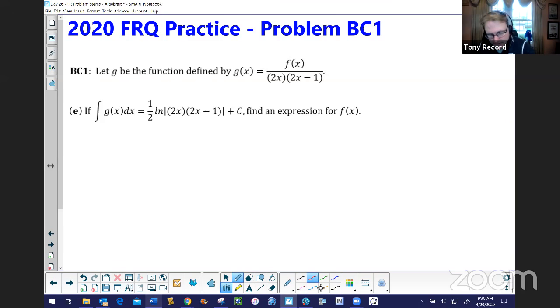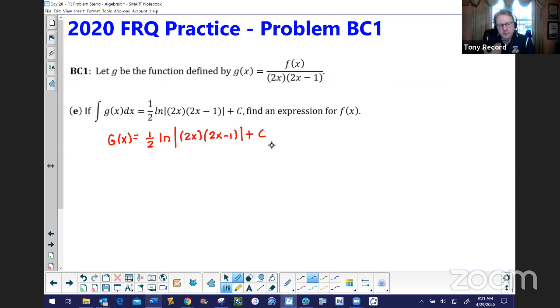Now, to start the wheels turning on this problem, let's define capital G. Let capital G be this expression, 1/2 times the natural log of the absolute value of 2x times (2x minus 1), all plus c. I defined that as G just so I could show some notation and think through this process.